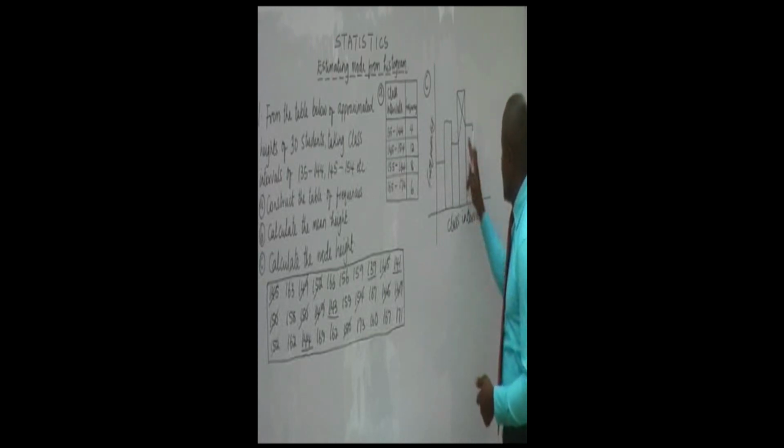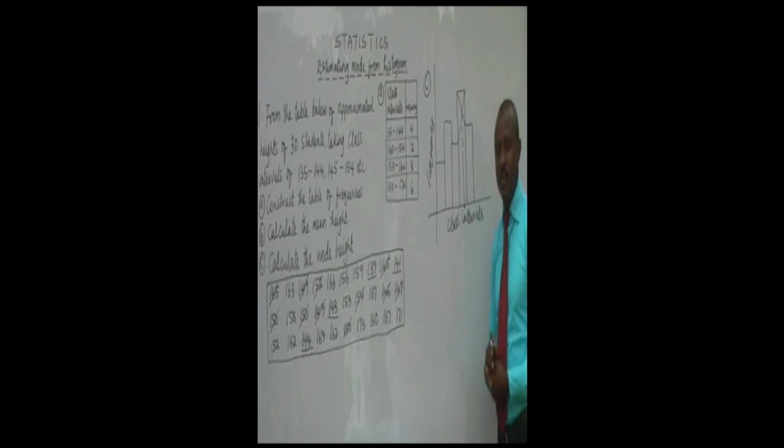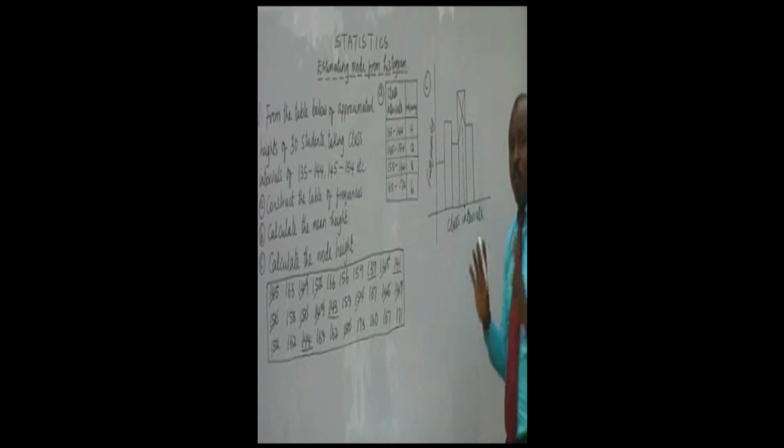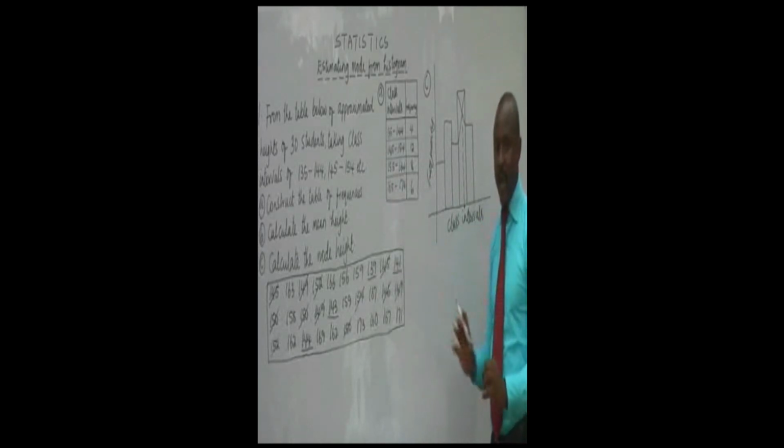When you do this, at the point of intersection, read the value you have on it down on the x-axis. Whatever value you have here is the mode. So this is the illustration of how to find the mode in grouped data.